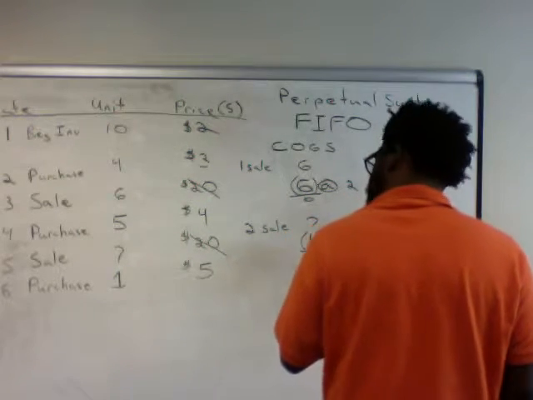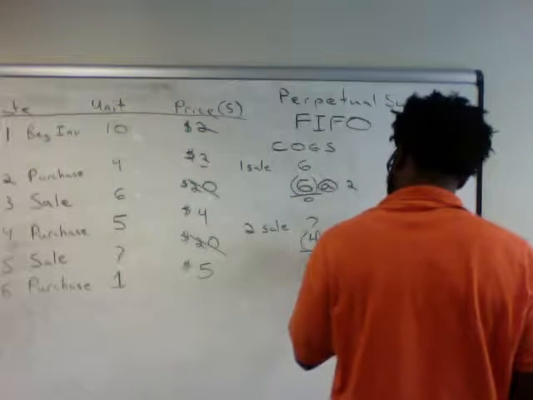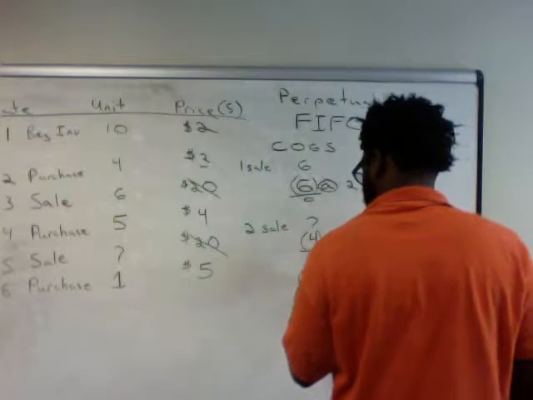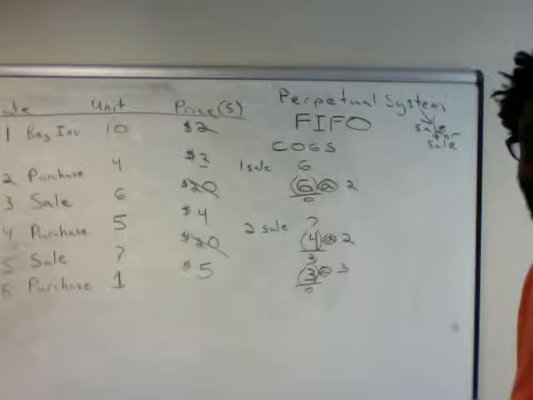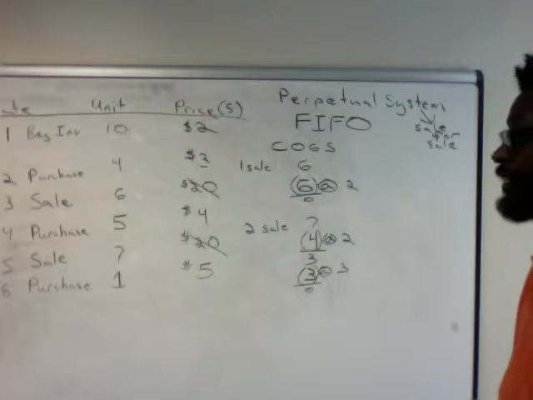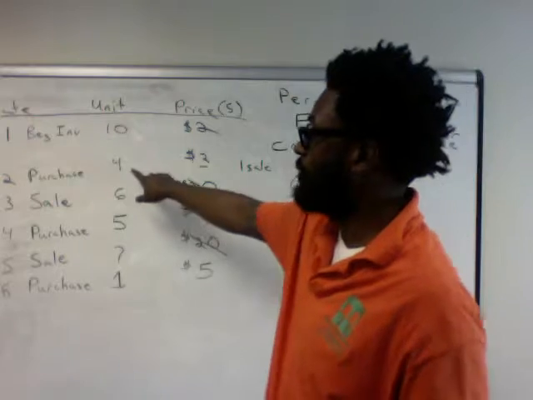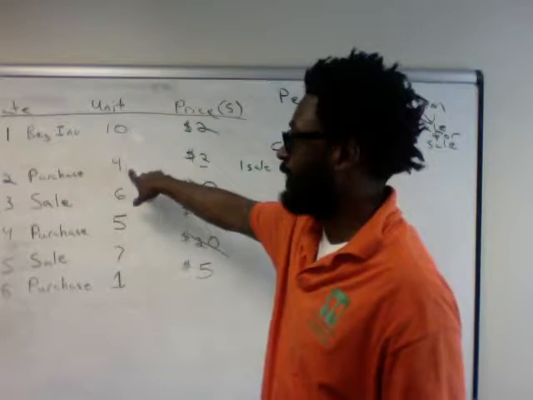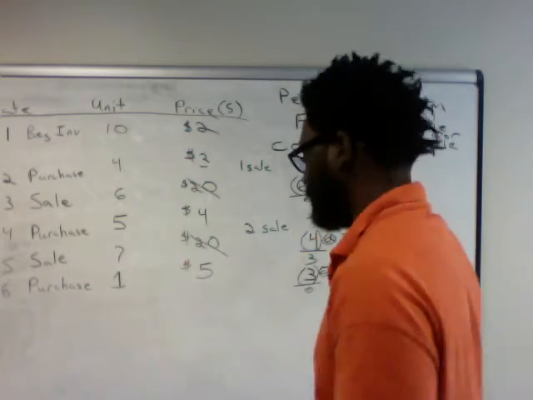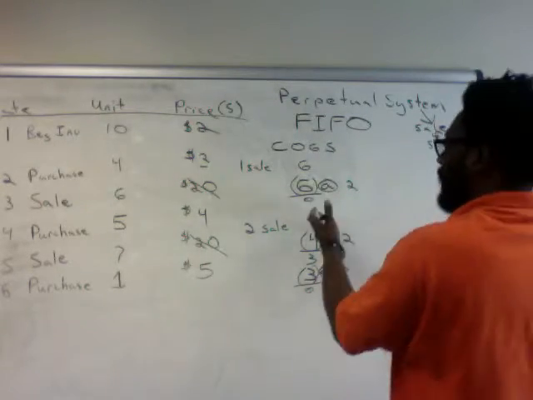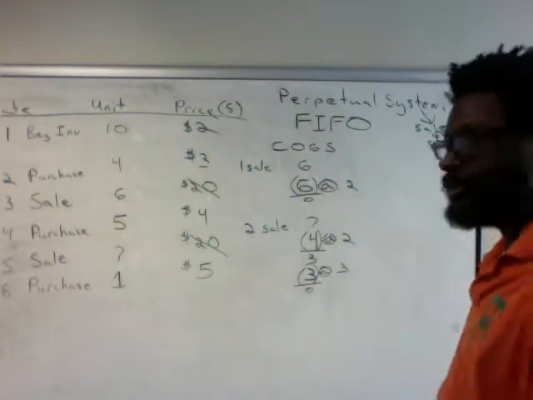So 3 units were sold at a cost of $3. We subtract that and realize we were finished looking for our sales. Now, how many units do we have left in this batch if we sold 3 already? 1.